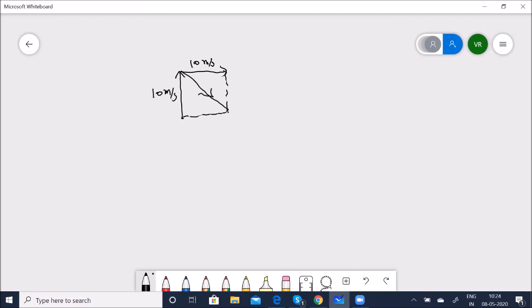So this is more like a right triangle. Now what is the average velocity? The resultant velocity is root of 10 squared plus 10 squared, which is equal to 10 root 2. Okay, 10 root 2. So that is going to be the average velocity.